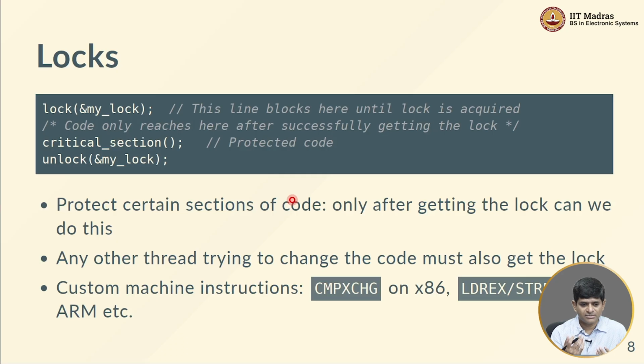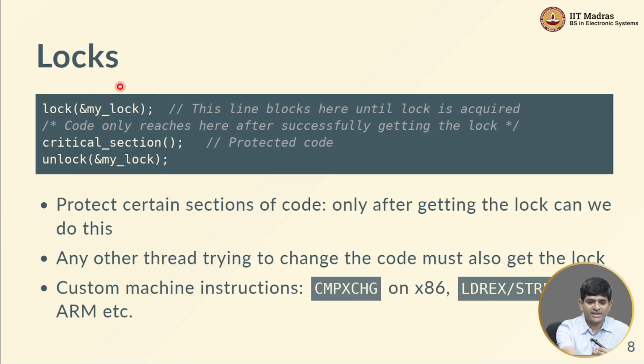The most general version is that I call a particular function in my code with some variable, which I have given the name mylock. Here I am using a pointer to mylock, but in general I need some parameter that I can change or set, that I can control.